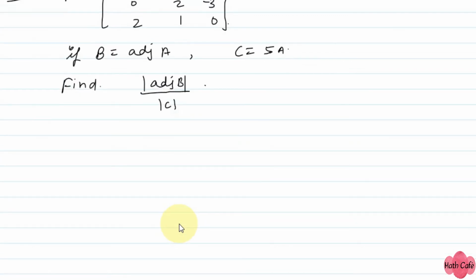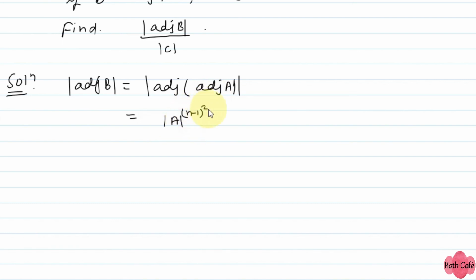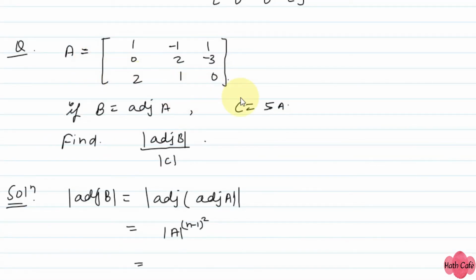Let's proceed with the solution. First of all, adjoint of B is nothing but adjoint of adjoint of A. As we know, the final value will be determinant A power n minus 1 whole square. Here n is the order of the matrix, which is 3.